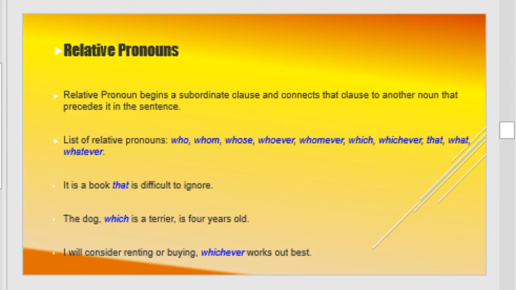Then, the dog, which is a terrier, is 4 years old. I will consider renting or buying, whichever works out best. So, whichever is referring to renting or buying, and which is referring to the dog, because the dog is not a person, so we can use which.